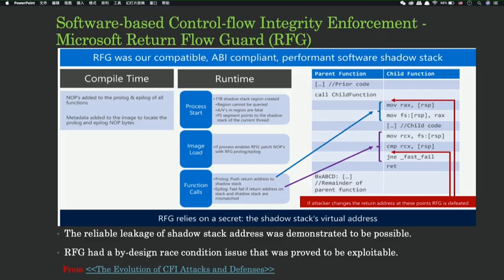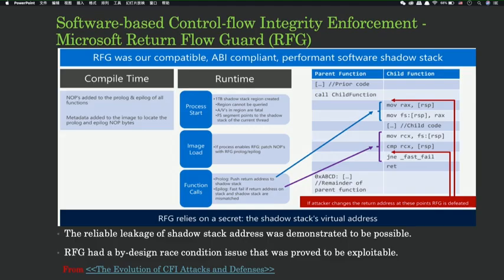So we copy that into FS:[RSP], which points to the shadow stack, which means we're copying the real return address into the shadow stack. And then after the original code executes, before we return, we do a comparison, which is the reverse process. We take the copy of the return address on the shadow stack and compare it with the real return address. That is how the return flow guard is implemented.